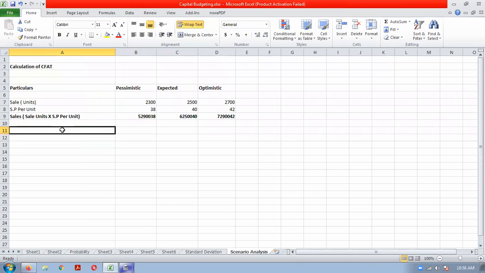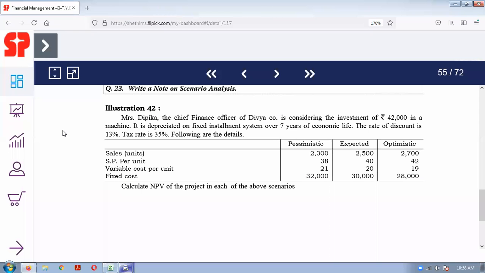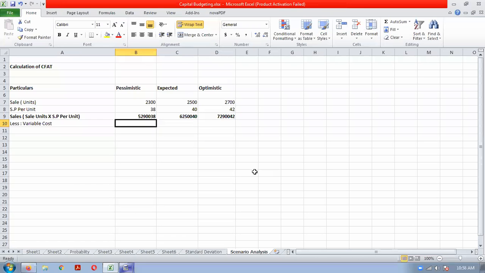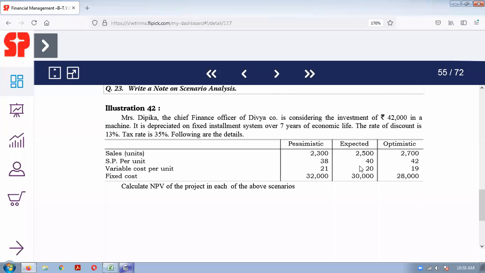Then the variable cost will be units into variable cost per unit. The variable cost per unit is given in the question.